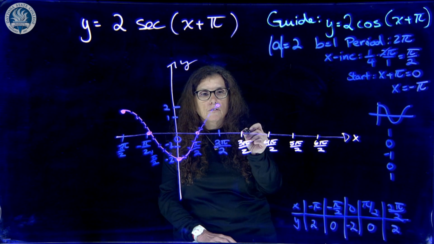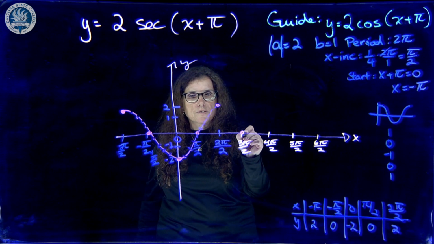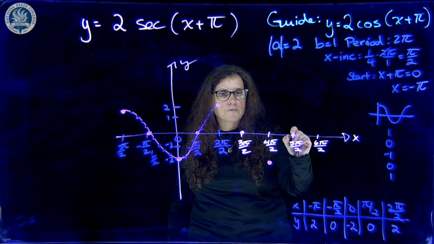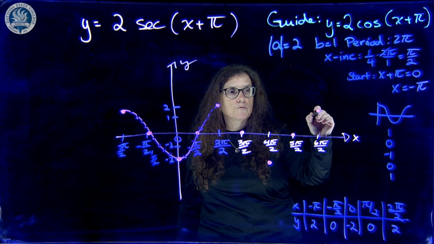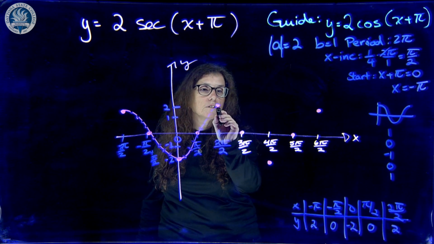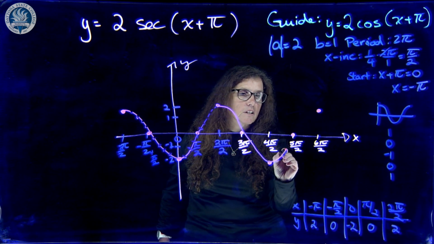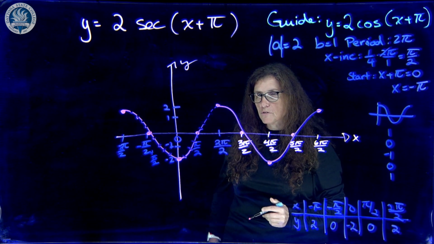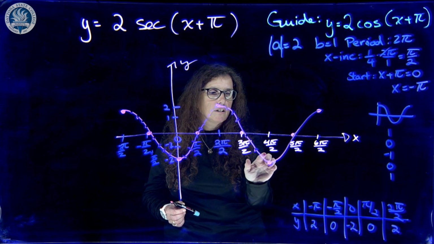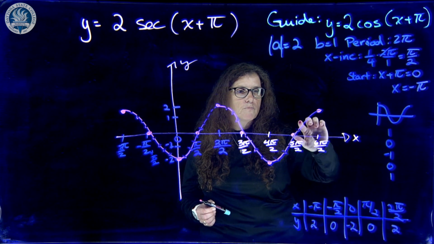So we plot these points, 0, negative 2, we go back up to 0, and we go up to positive 2. This now is our second period of the cosine. Oh, I wanted to make it dashed, but that's okay. I'll just use a different color.